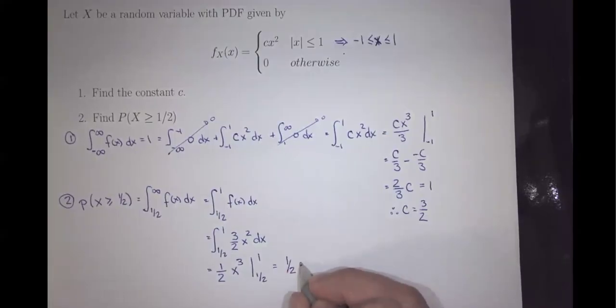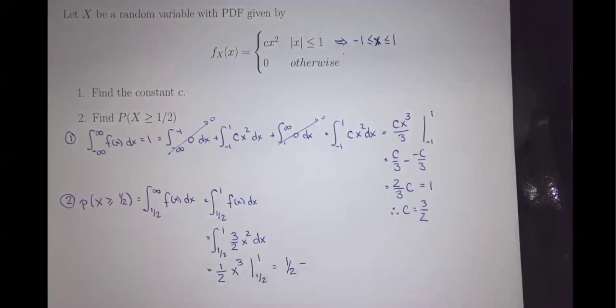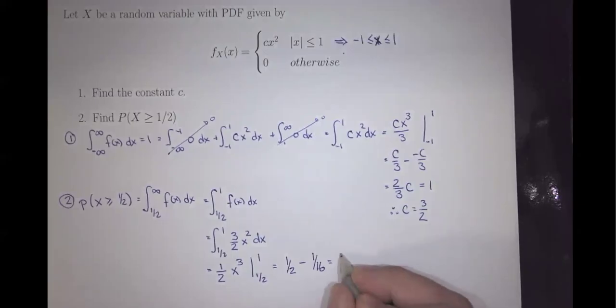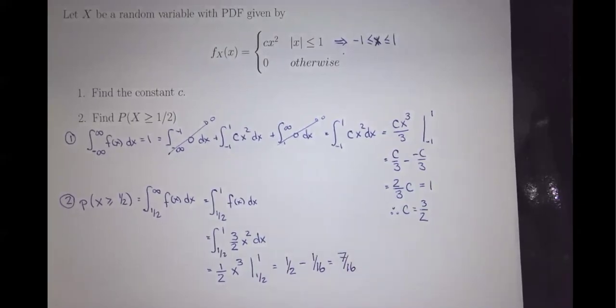When we plug in 1/2, we get 1/2 cubed is 1 over 8, times 1/2 is 1 over 16. So 1/2 minus 1 over 16 leaves us with 7/16. And that's the probability that x is greater than or equal to 1/2.